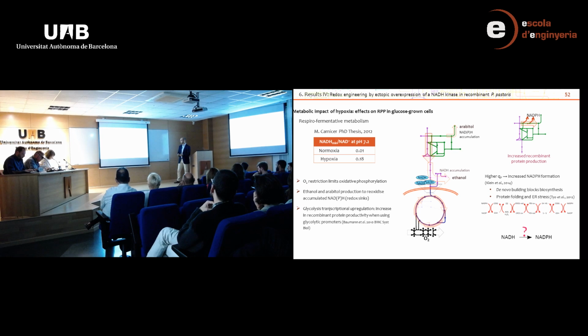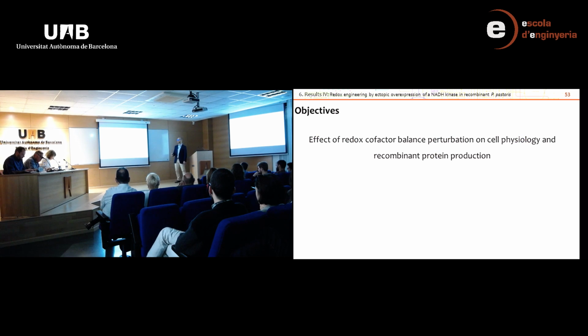stress. So the question now is, is there any way of converting this NADH that is in excess to NADPH? In this chapter, we tried one of these strategies and used it for studying the effect of redox cofactor balance perturbation on cell physiology and recombinant protein production.